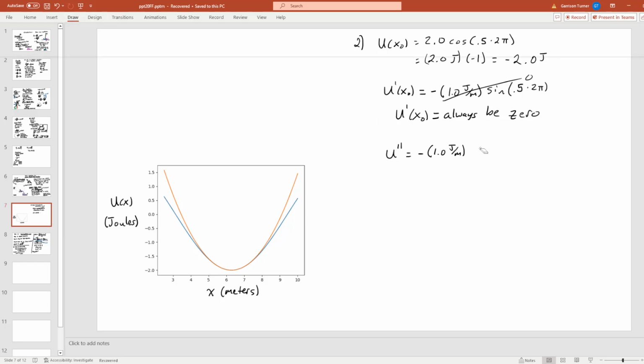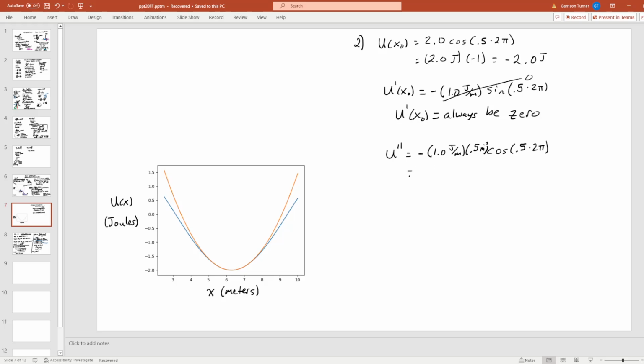I'm going to leave a space, you'll see why in just a moment. And I get another 0.5 out front, in inverse meters.